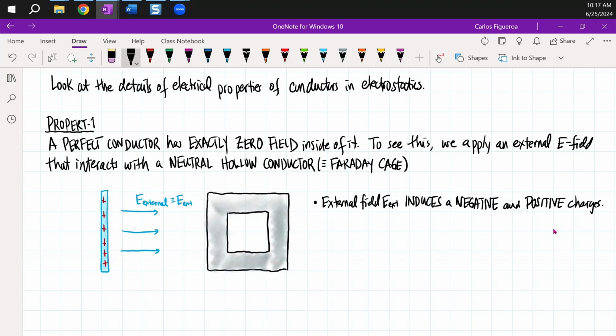So that means here I'm going to start to build up negative charges here.